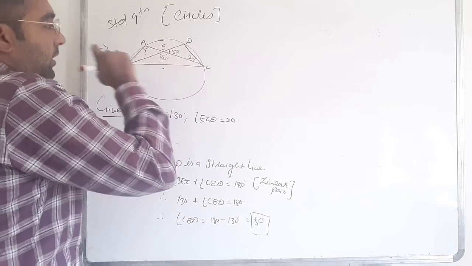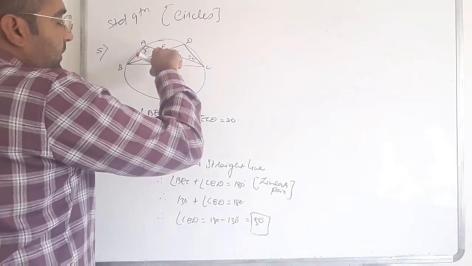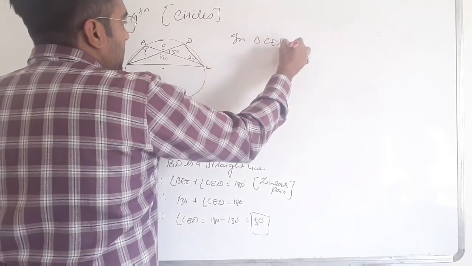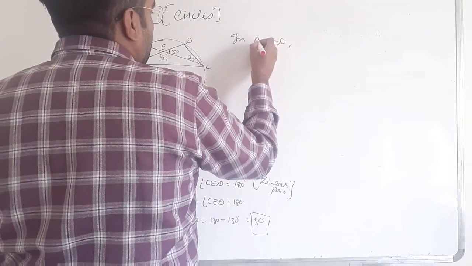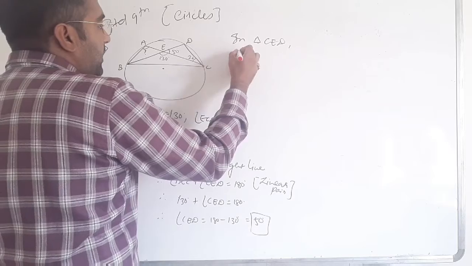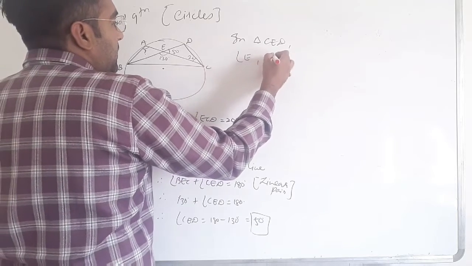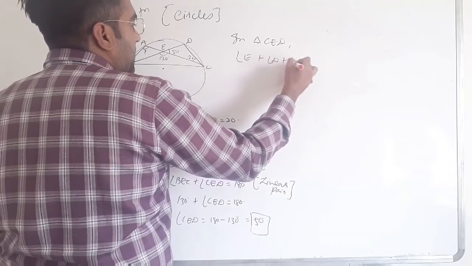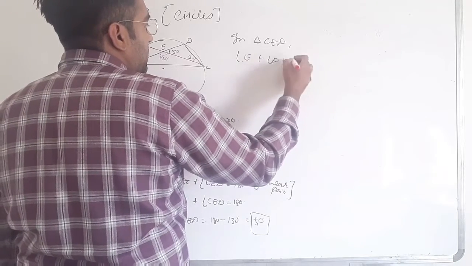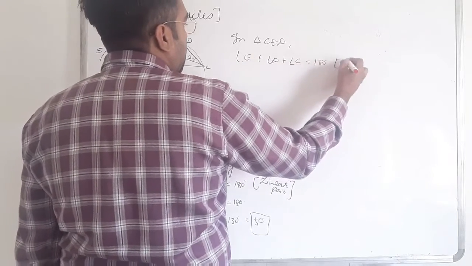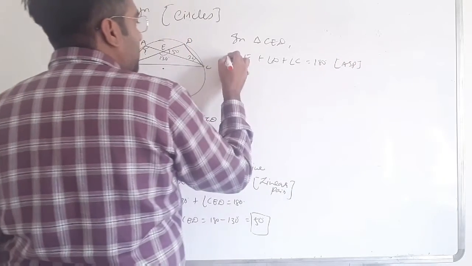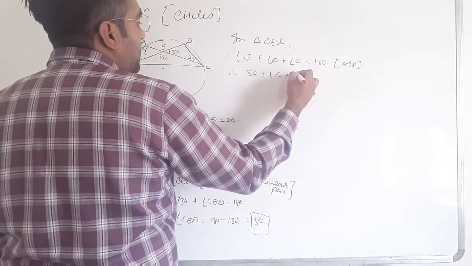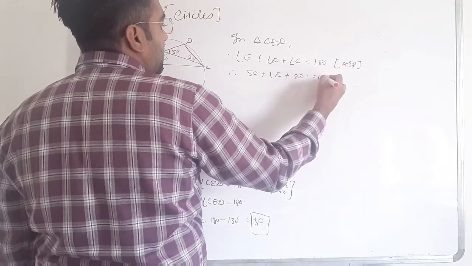Now in triangle CED, we use the angle sum property: angle E plus angle D plus angle C is equal to 180 degrees. So 50 plus angle D, which we don't know, and angle C is 20 degrees as given.